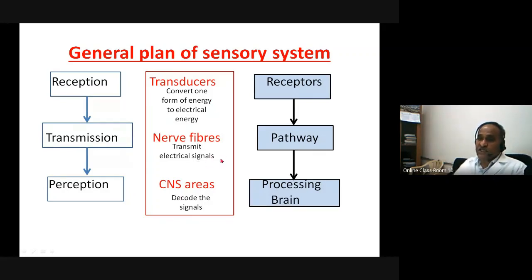Then they are transmitted as action potentials, which are all-or-none responses. These codified action potentials are either in a burst or one after another, and so on. Then they will reach the CNS areas, especially the specified areas in the cerebral cortex, where this is decoded, analyzed, interpreted, and the action is or will be taken. So this is the general plan of the sensory system.